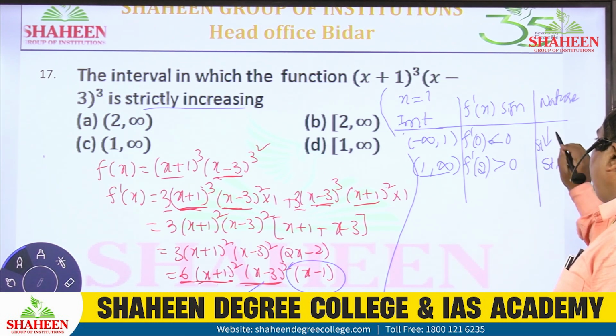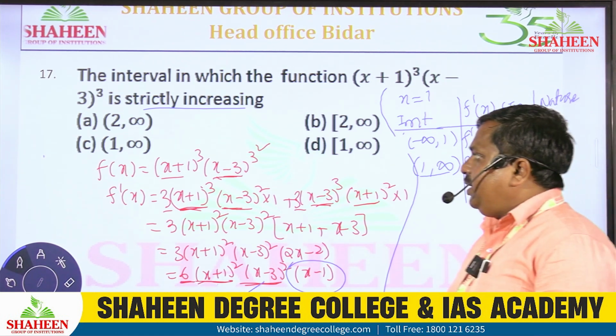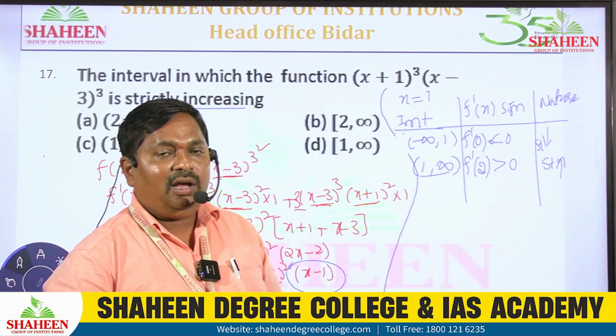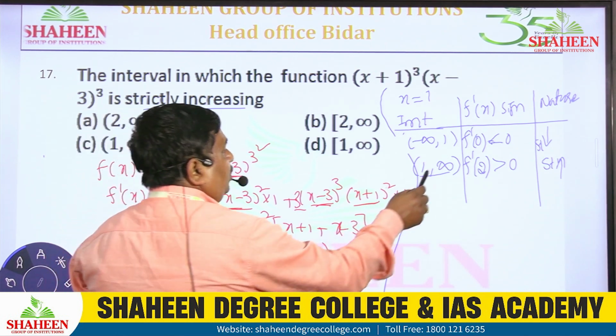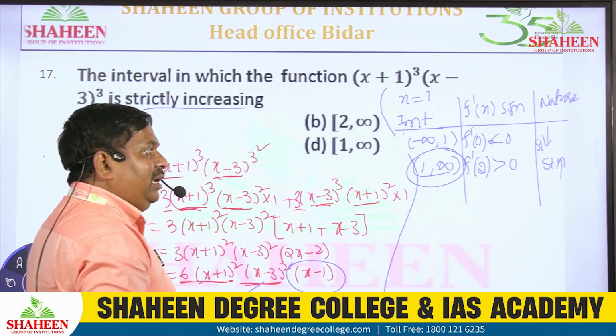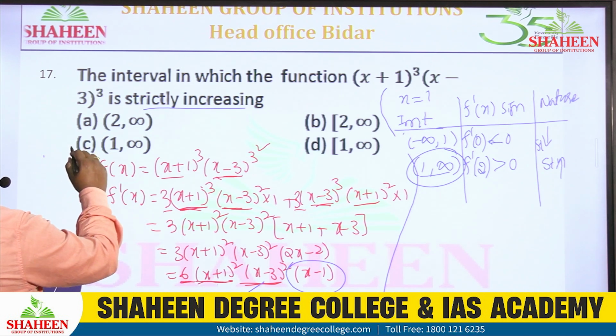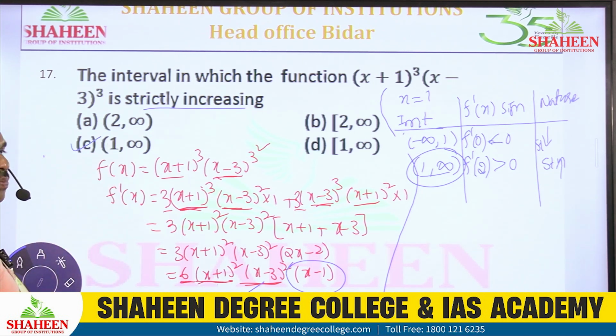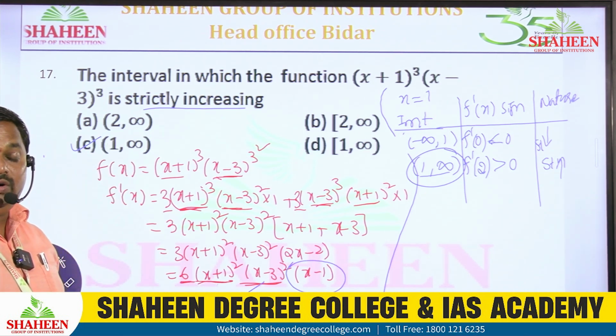The earlier one is a strictly decreasing function. Now where is it increasing? It is increasing in 1 to infinity. So in 1 to infinity the given function is strictly increasing, then the third option is right, 1 to infinity.